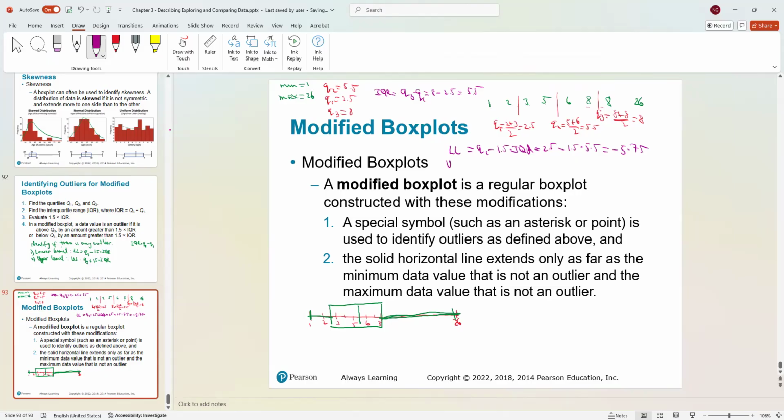Let's check for the upper limit: Q3 plus 1.5 IQR. Remember, it's minus in the first one and plus in the second one.